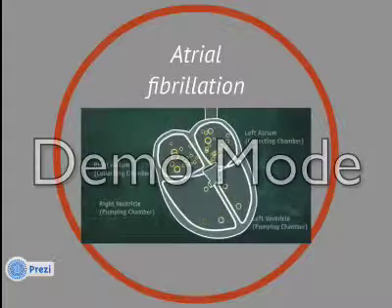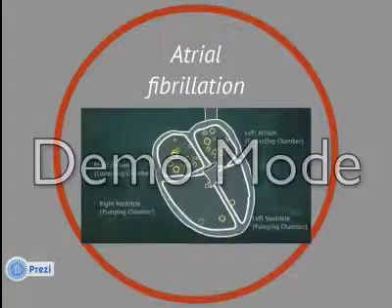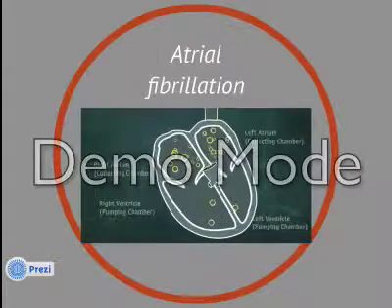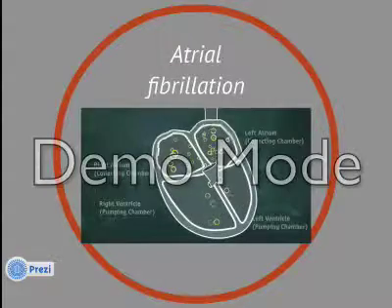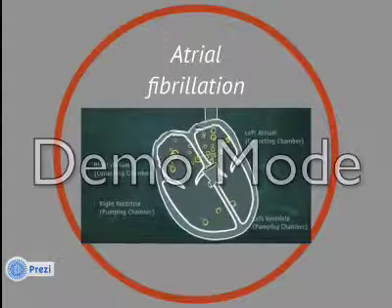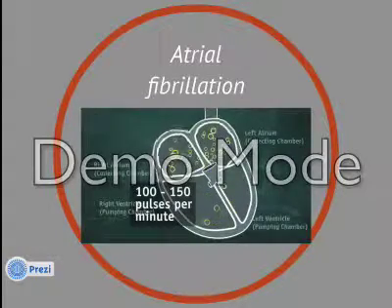Our pumping chambers couldn't beat 400 or 500 times a minute. They can't beat that fast. And so the AV node filters out most of these 400 or 500 impulses per minute, but allows to pass through maybe 100, 150 impulses per minute.